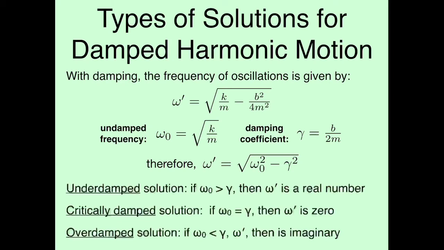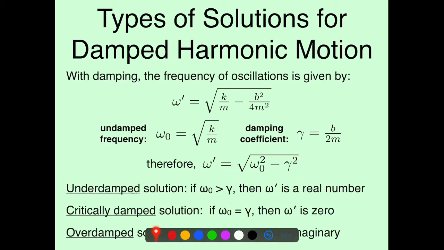So when we look at this formula, we can see that there are three different types of solutions that we can get. The first one is if omega naught, the undamped frequency, is greater than gamma, which is our damping coefficient. That means this term is going to be greater than this term, and overall we're going to have a positive number under the square root.